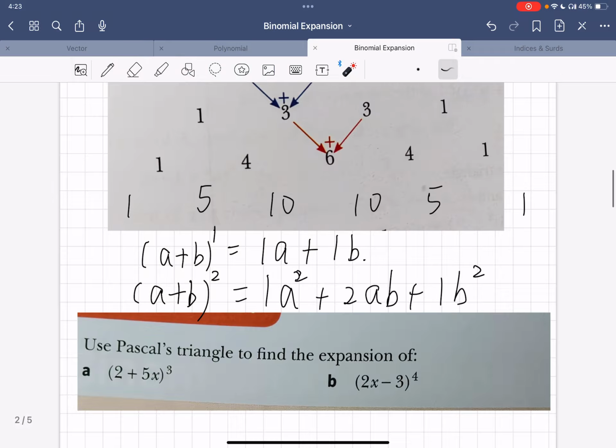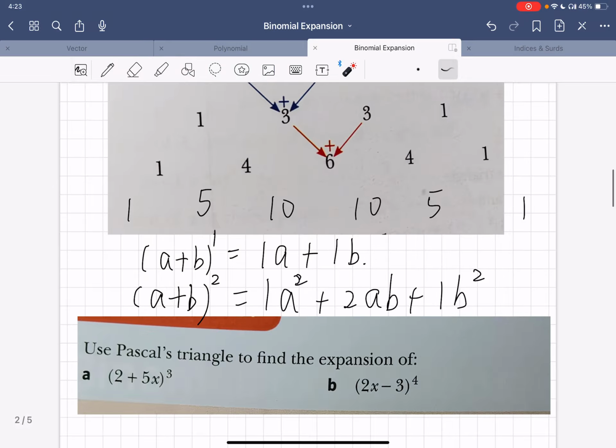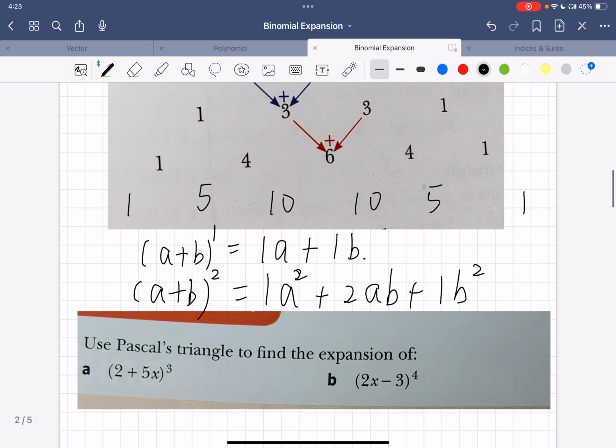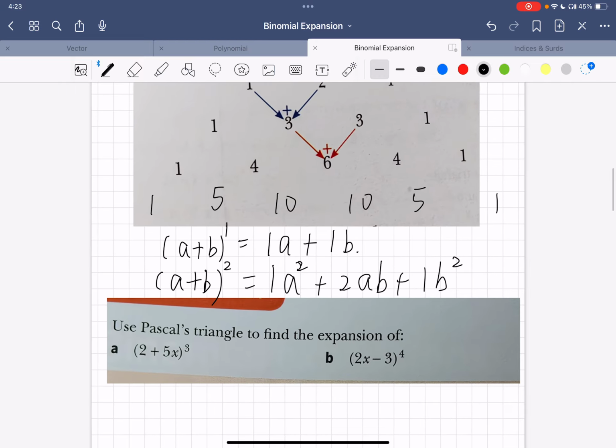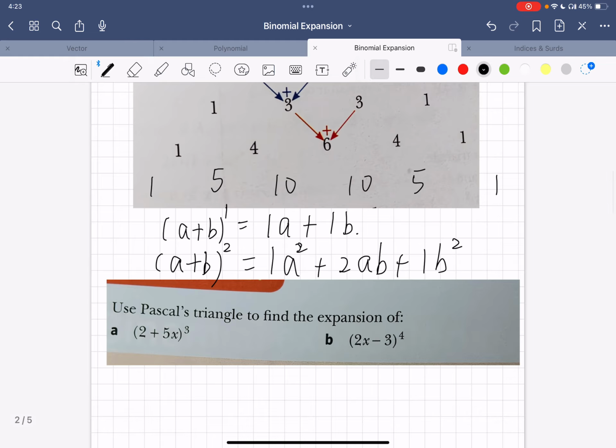Okay, so it equals 1 times a to the power 3, that's 2 cubed, plus it's 3, right?